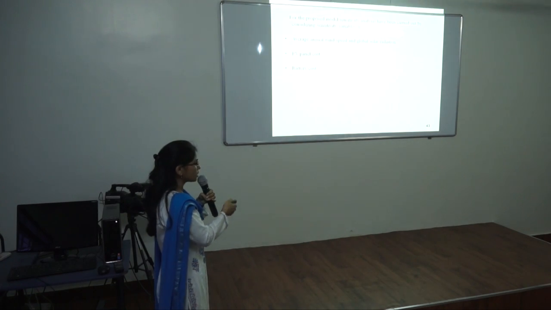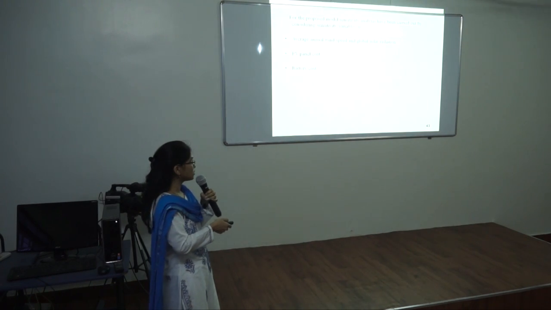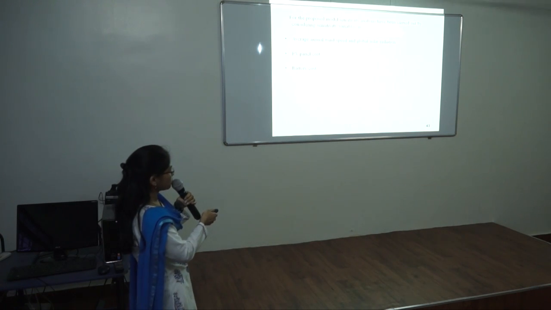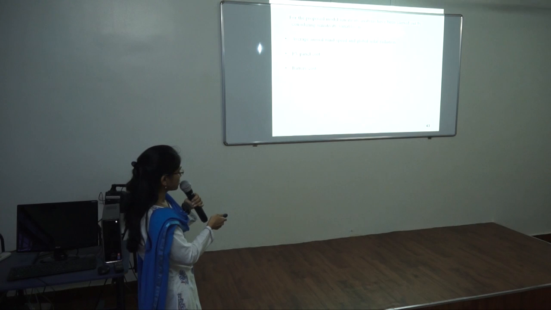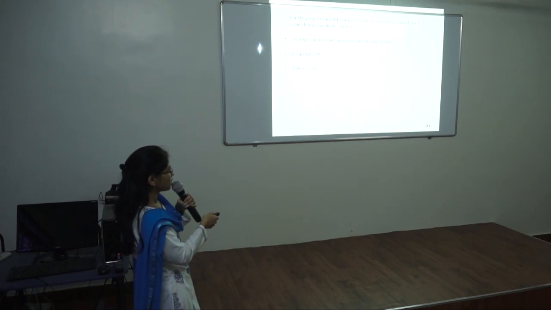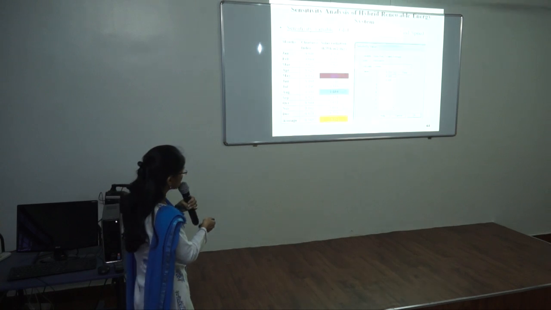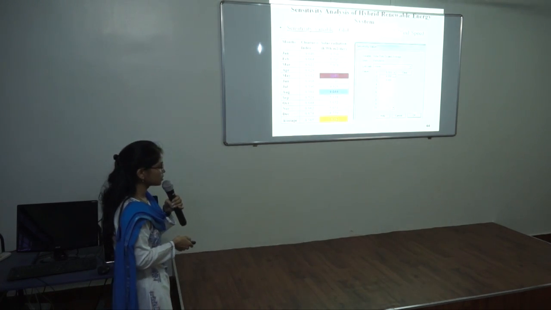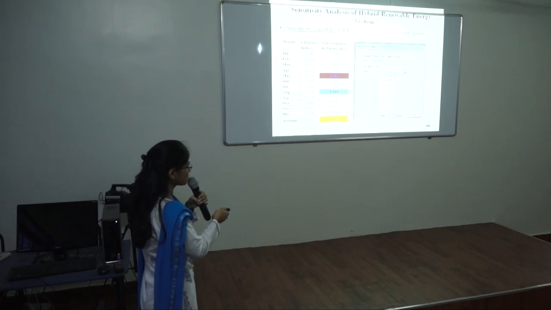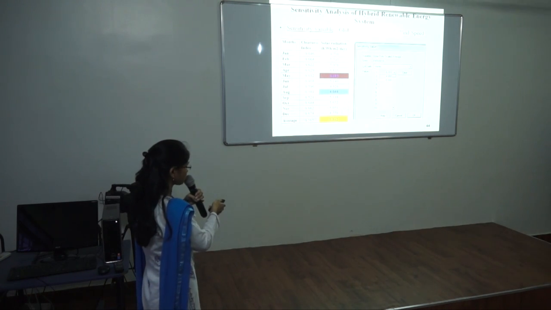Hence, the sensitivity analysis can be carried out by considering three sensitivity variables: average wind speed and global solar radiation, next PV panel cost, and third the battery cost. So first we analyze the hybrid energy system using the first sensitivity variables, global solar radiation and wind speed.